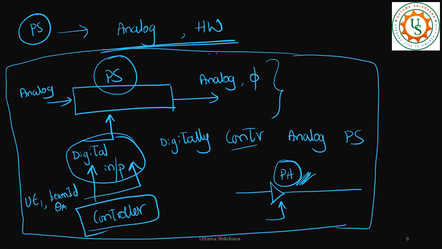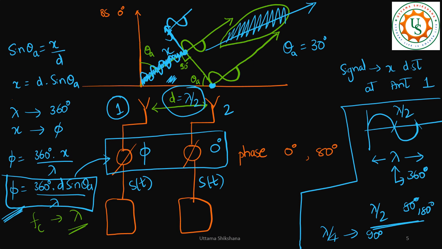Okay, basically here 90 degree means what? The signal has just traveled lambda by 4 distance, right? So this 90 degree means that the distance is lambda by 4.